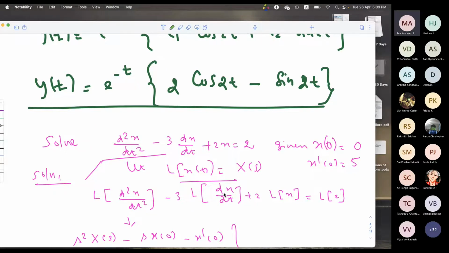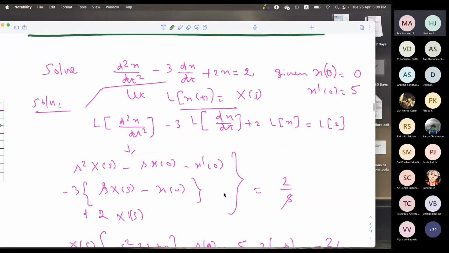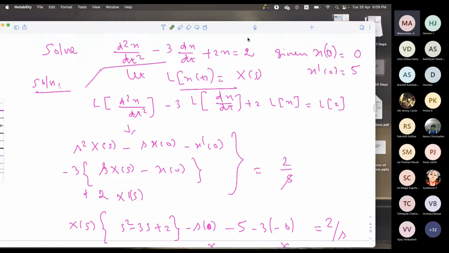Yes, sir. Okay, fine. Now solve these ordinary differential equations. Now the non-homogeneous part contains a constant. So here we are going to assume that L of x of t is X of s. So L of x double derivative, we are going to frame these equations in the form of X of s.